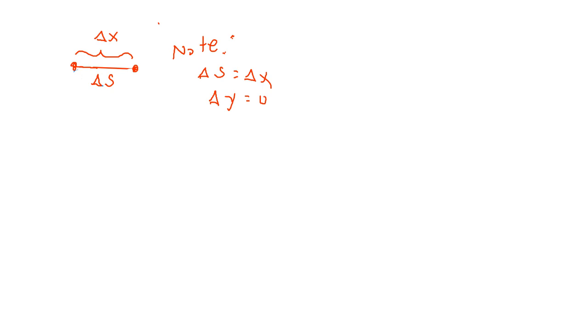There's no triangle here. The arc is just a horizontal line segment. So delta S equals delta X, but delta Y equals 0.